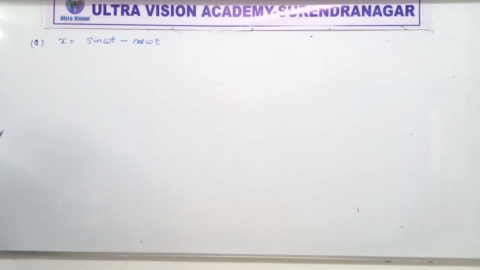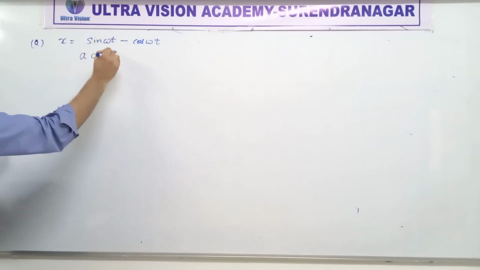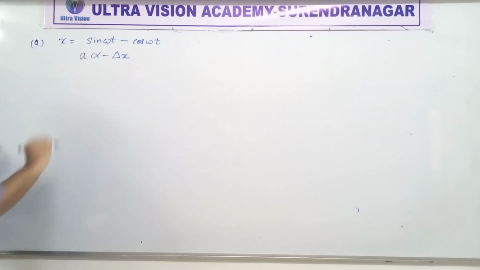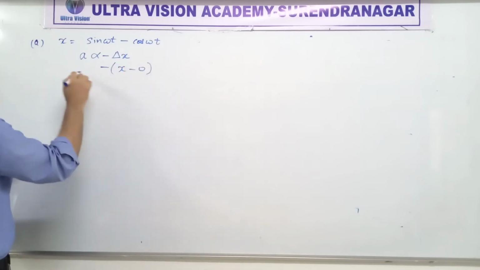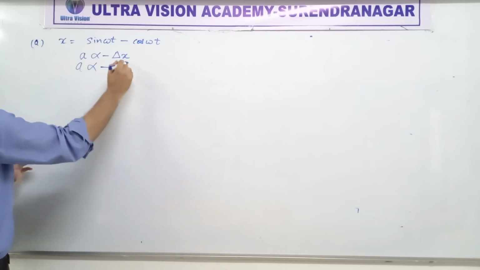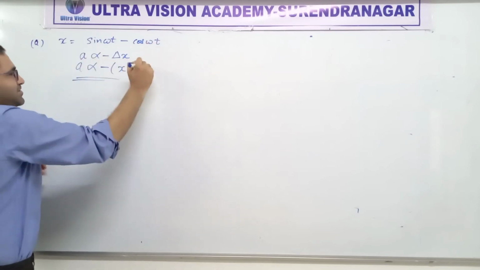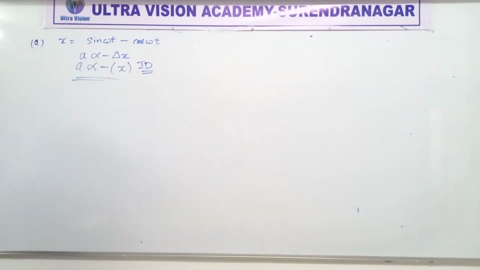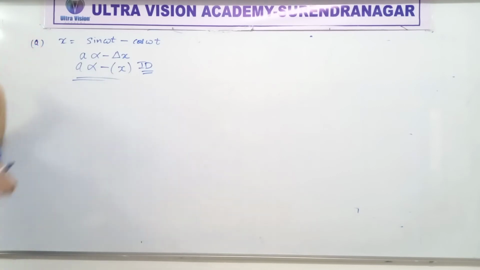A is proportional to minus delta x. But if you take origin itself as mean position, then you can also do it like this. That is, A proportional to minus x. Right? This is what we want. So all we have to do is check this.